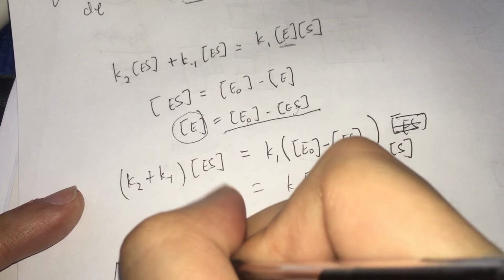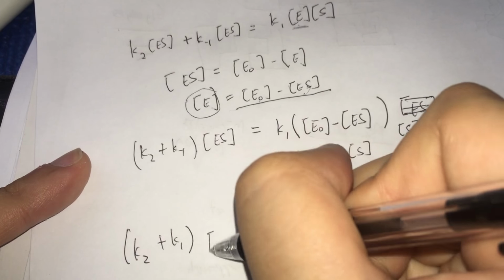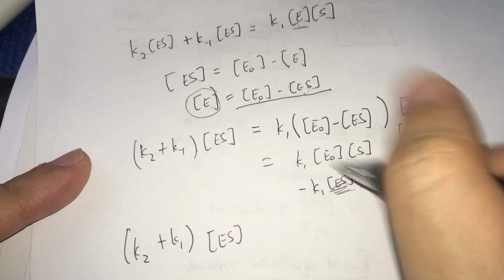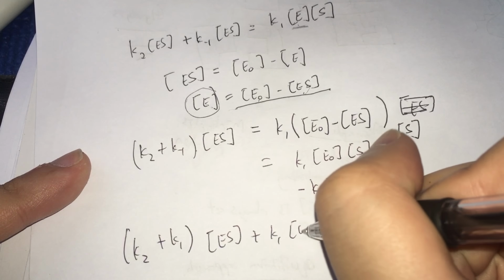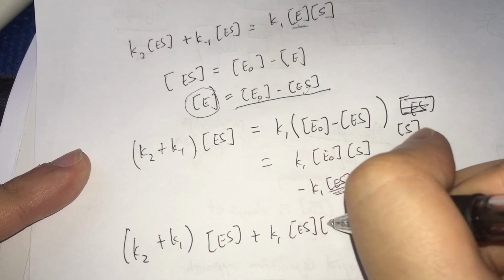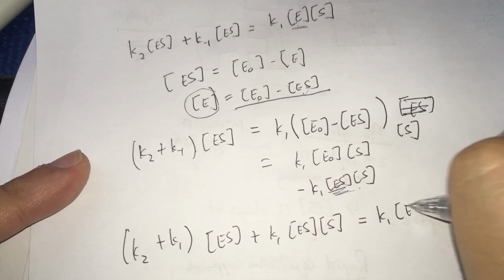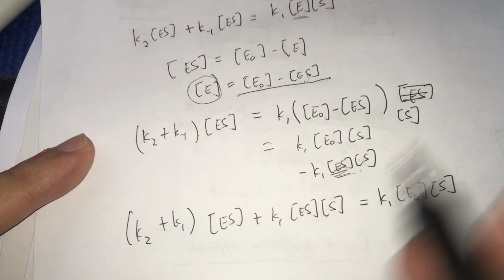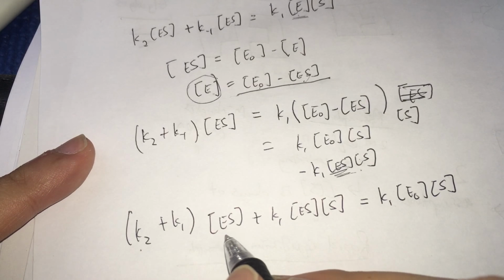So let's do K2 plus K1 into ES. Now this will have to shift here, so plus K1 ES into S equals K1 E naught S. Hope you don't mind the noise outside, but don't worry about it. Hope things are clear so far.